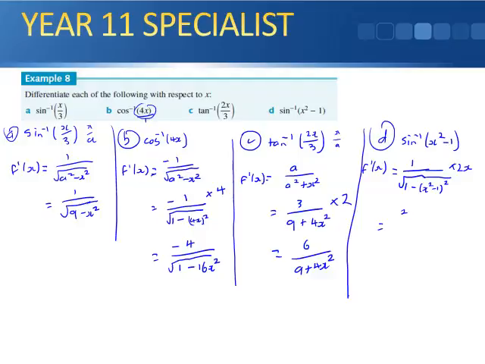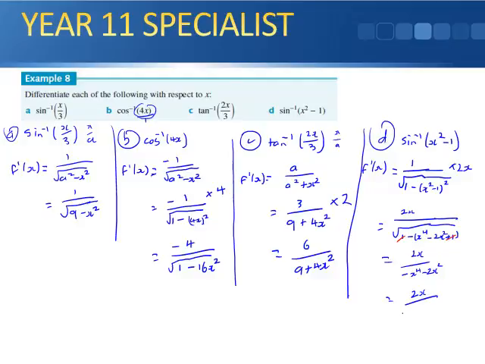So simplifying this I get 2x over the square root of 1 minus. Now I need to expand this, so I get x to the 4 minus 2x squared plus 1, and the 1 will cancel with the minus 1, because remember I've got the minus outside the bracket, so this will become negative x to the 4 plus 2x squared.